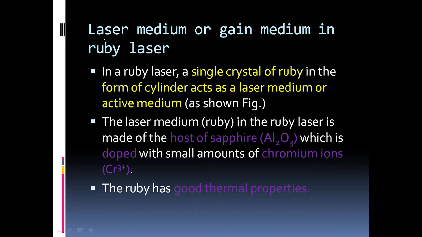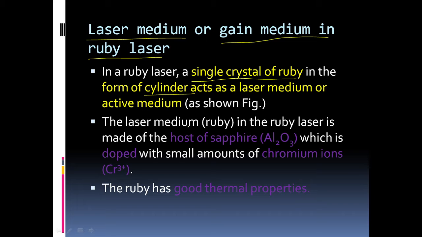The second point is laser medium or gain medium in the Ruby Laser. In the Ruby Laser, a single crystal of ruby is used as a laser medium. It is in the form of a cylindrical rod, as shown in the figure in the previous slide.